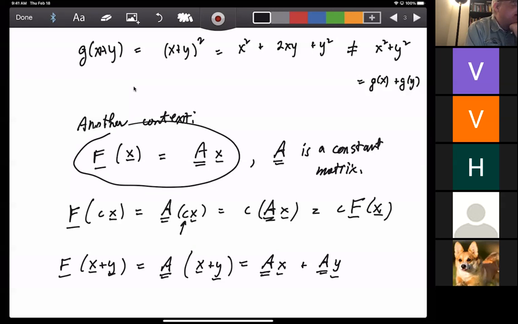So this subject is important because it's very useful. So we're going to develop some of the theory here, and we'll actually see how to solve equations where we have some function of this type equal to a specific vector. Okay.